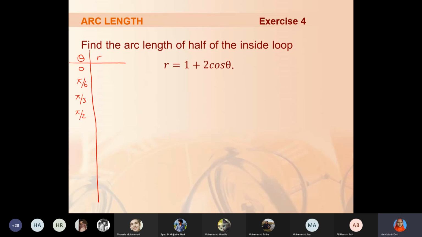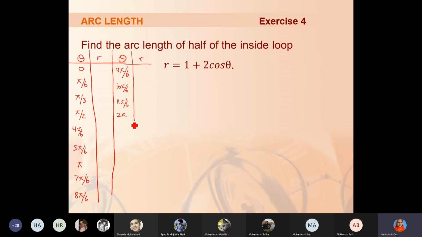This is actually 3 pi by 6, then 4 pi by 6, 5 pi by 6, 6 pi by 6, 7 pi by 6, 8 pi by 6, 9 pi by 6, 10 pi by 6, 11 pi by 6, 12 pi by 6, which is 2 pi.